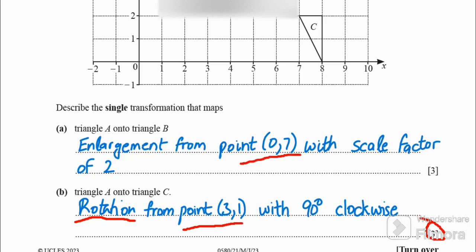And the third mark you will get is with scale factor of 2, or 90 degrees clockwise. If you write 90 degrees, you will get half a mark. But you also have to write clockwise to explain in which direction it will be rotated, whether clockwise or anti-clockwise. So this is what you have to do.